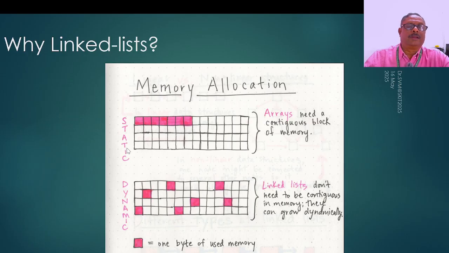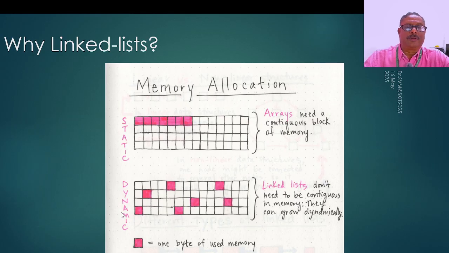If we use static allocation, like arrays, then contiguous locations are used for storing this data.